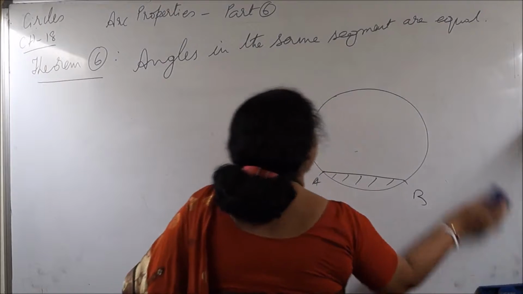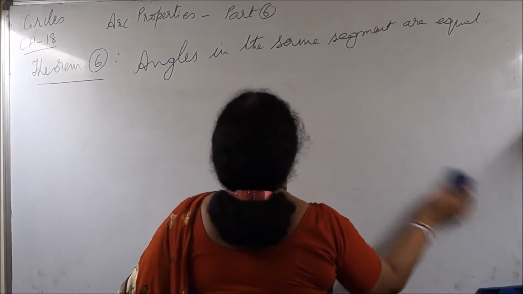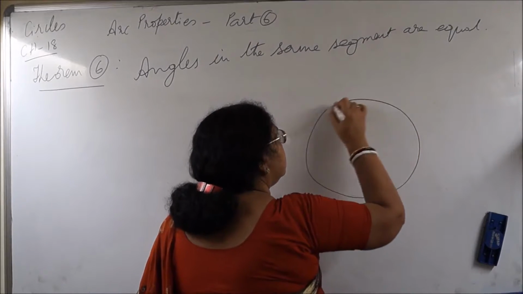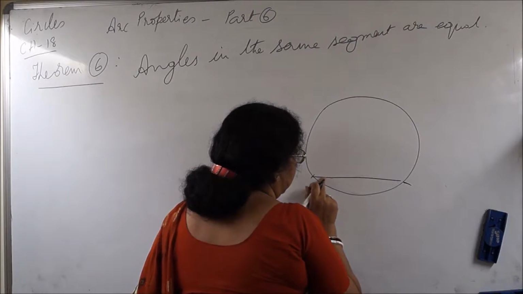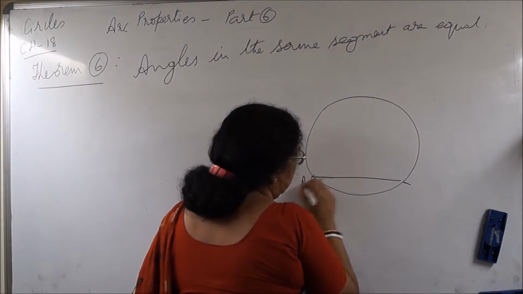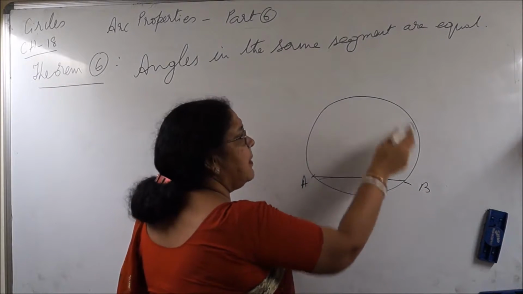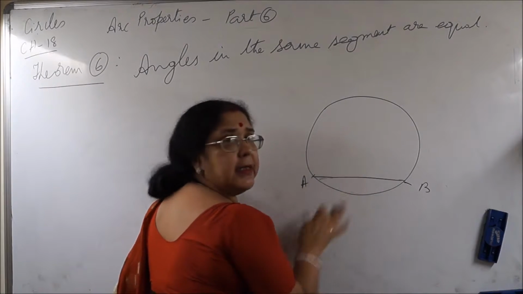Now according to this theorem, angles in a segment are equal. AB is a chord and this is the major arc, so the region is the major segment.